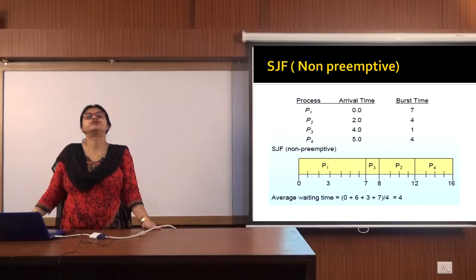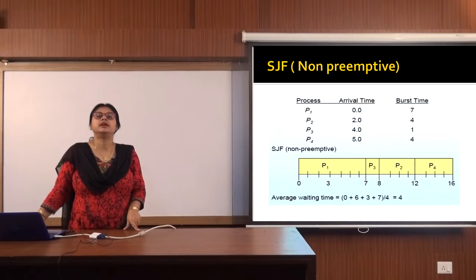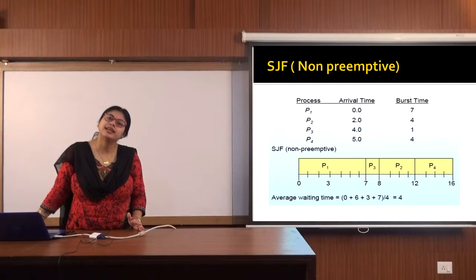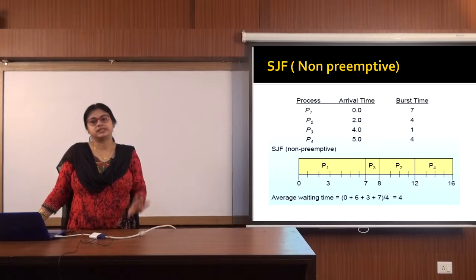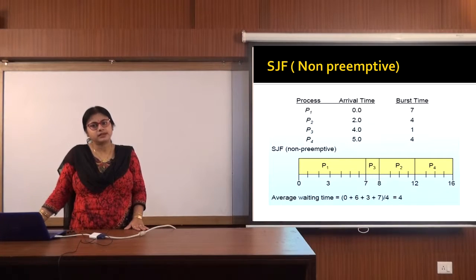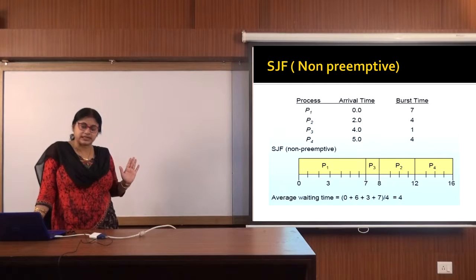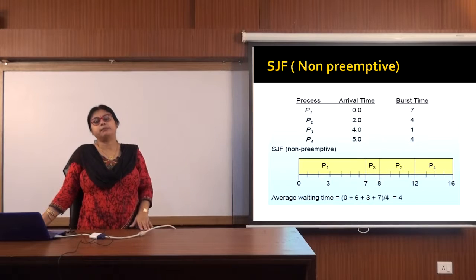So we have to start with process P3. At 7 milliseconds, process P3 starts its execution and its burst time is only 1 millisecond. So it will work inside the CPU for only 1 millisecond, from 7 milliseconds till 8 milliseconds, and at 8 milliseconds P3 is completed.